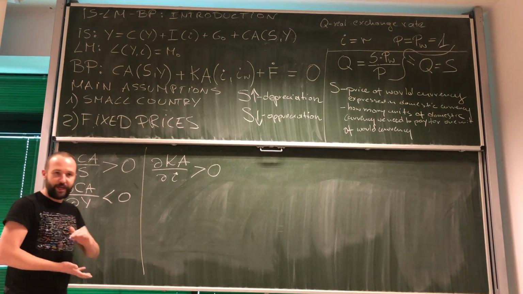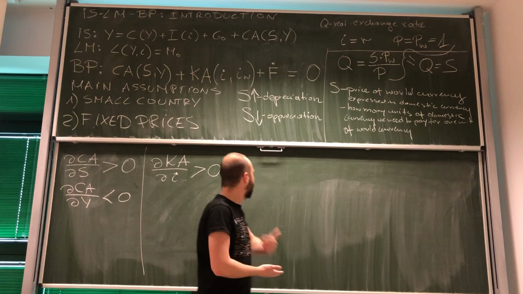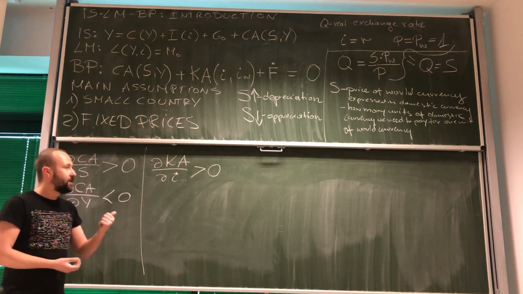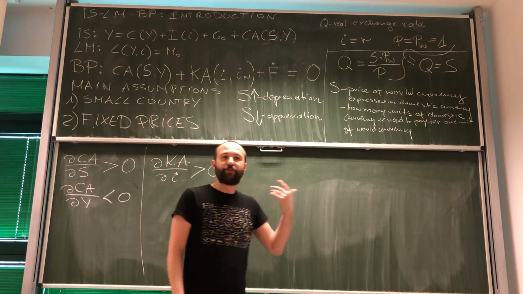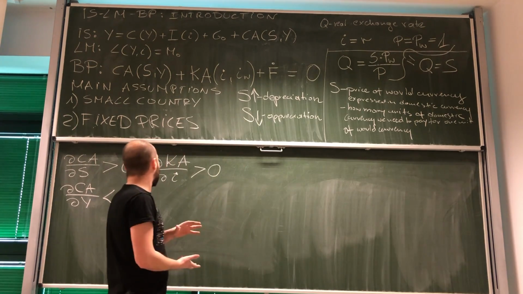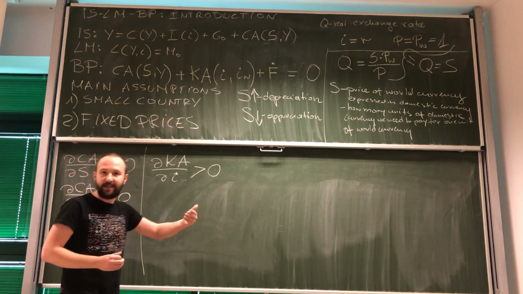So world holdings of our bonds, remember, are claims on our future income, right? Because the interest on these bonds needs to be repaid in the future, and the face value of the bond must be paid in the future.